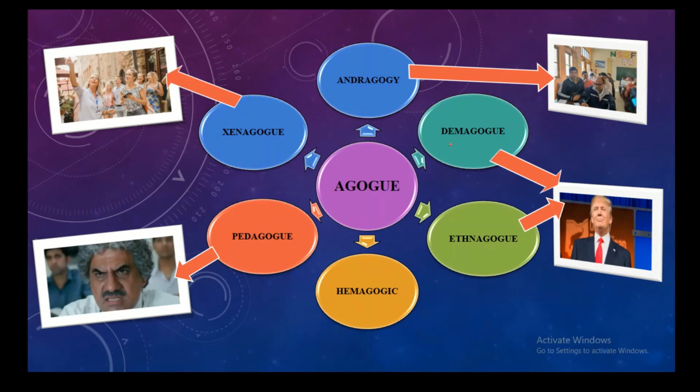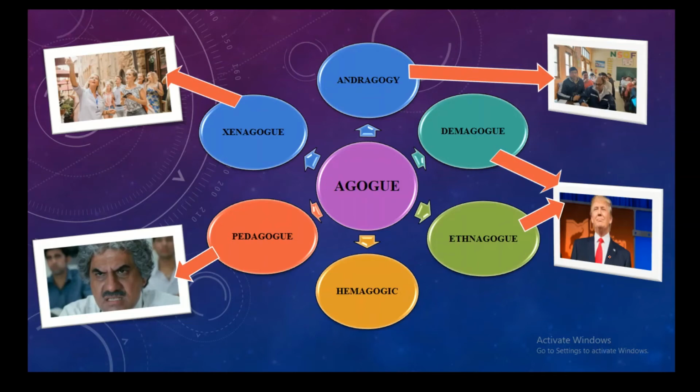First one, demagogue. Demagogue. Demo meaning people, agog meaning leader. So leader of the people. Here I have put the picture of Donald Trump. He is a demagogue.